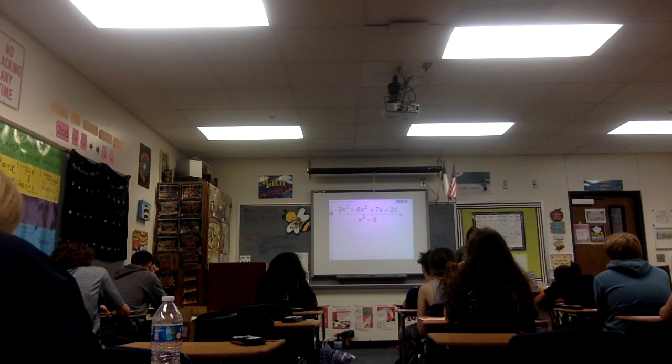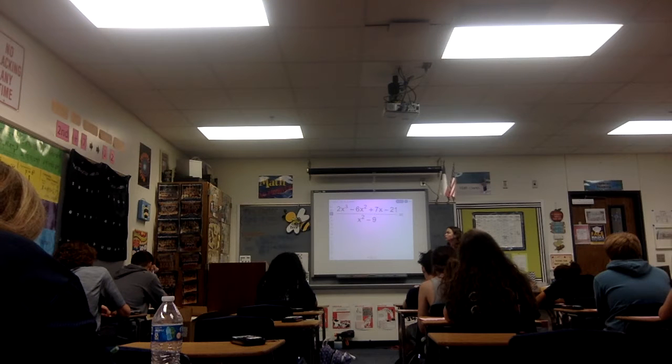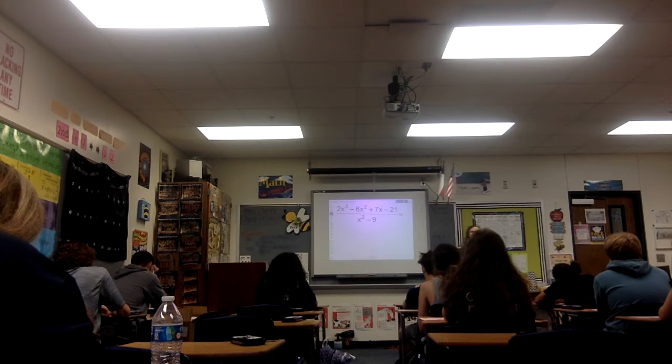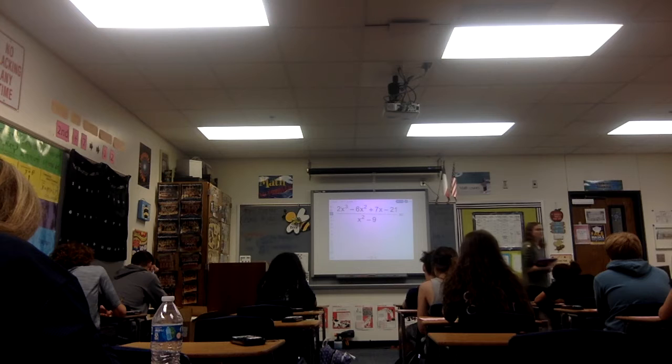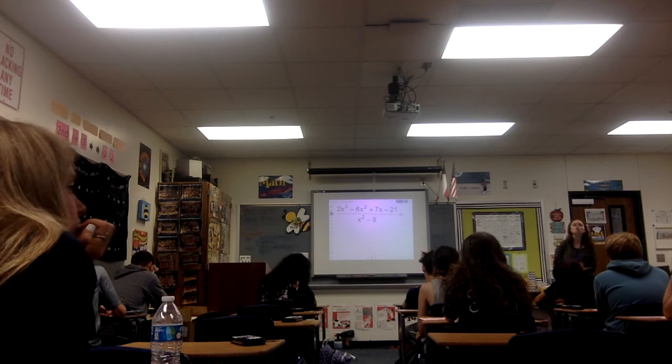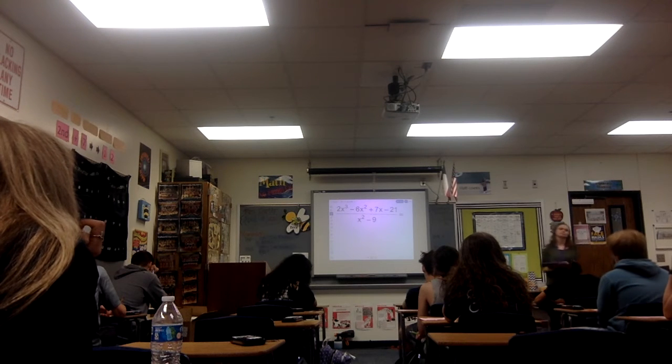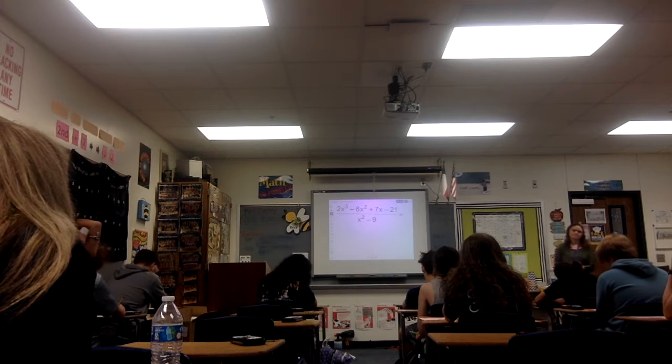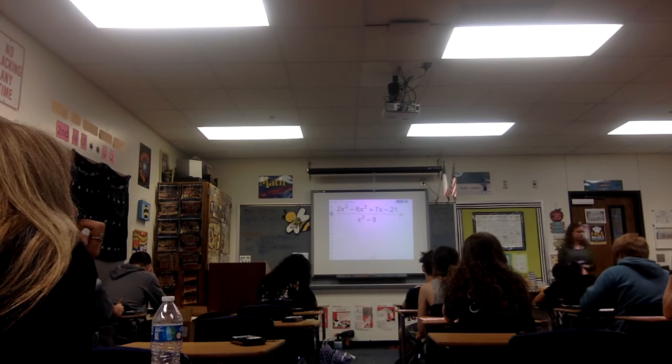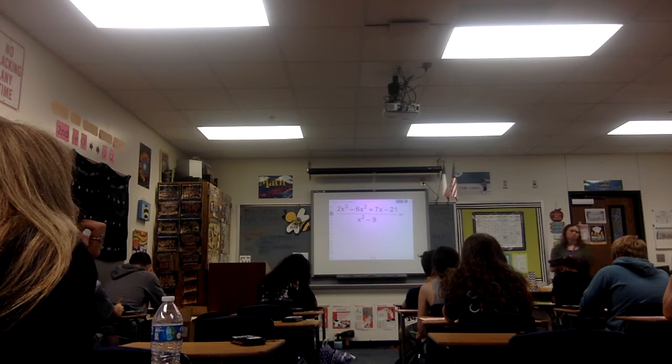So, number 2, what do we notice about the numerator? Yes, Brandon? We have to factor by grouping, and why is this? There's more than 2 terms. More than 2 or more than 3? More than 3, right?